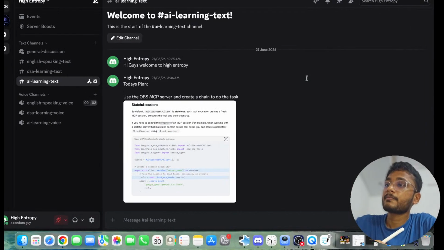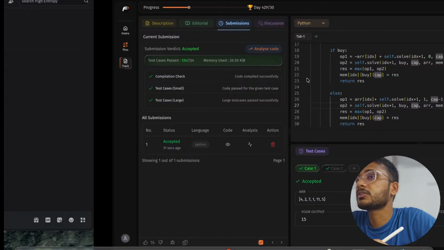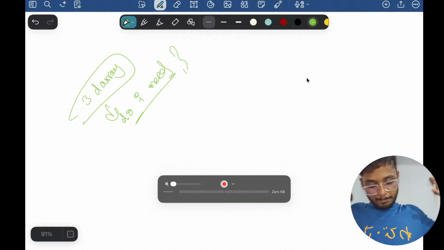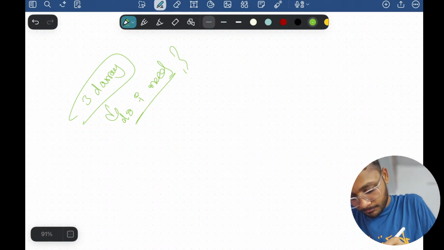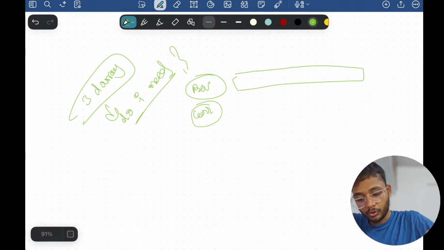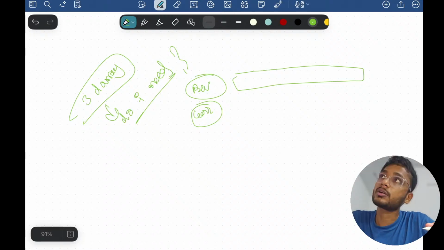To solve it using the table method, we need two arrays, previous and current.